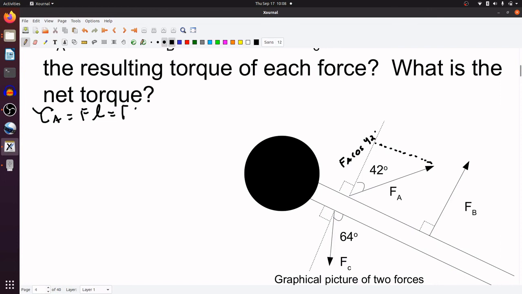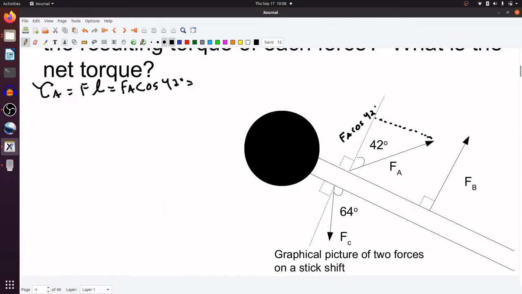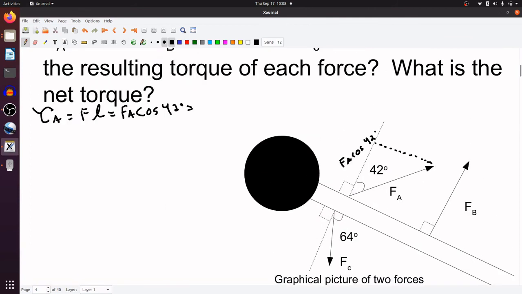So I say FA, well, I'm going to write it out first, and I'll plug in numbers. FA cosine of 42. We know that FA was 15. Oh, forgot lever arm times L. Here we go.